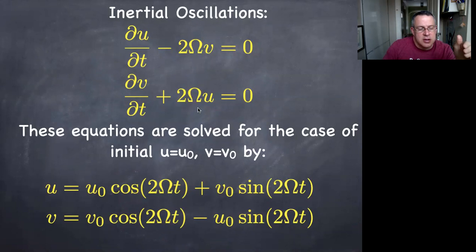And in fact, it's solved, as you might expect with a second derivative in time equation, by cosines and sines that vary in time. If you doubt me, you can plug this in up here. You get the cosine part, take the time derivative, and you get a sine. And that gets canceled by the sine from this term and this term. You do it the other way around. The sine from here gives you a cosine that gets canceled, etc.